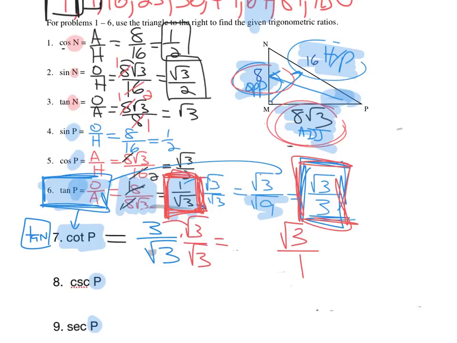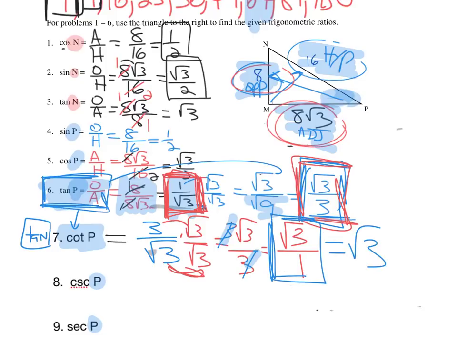Here I would have 3 radical 3 over radical 3 times radical 3 is the number 3, and then these 3's would cancel. So either way, I'm left with radical 3 over 1 or just radical 3 as our answer. So you have to remember that the reciprocal of cotangent is tangent.